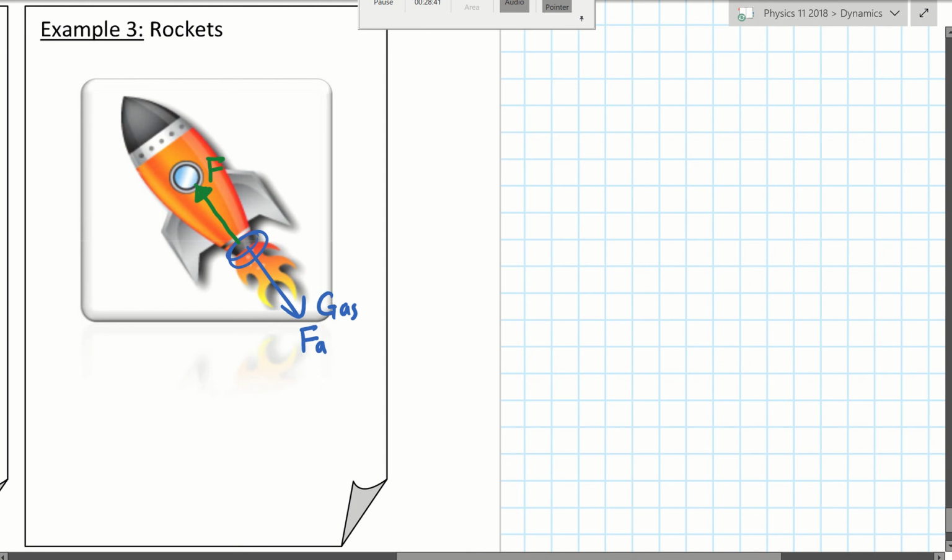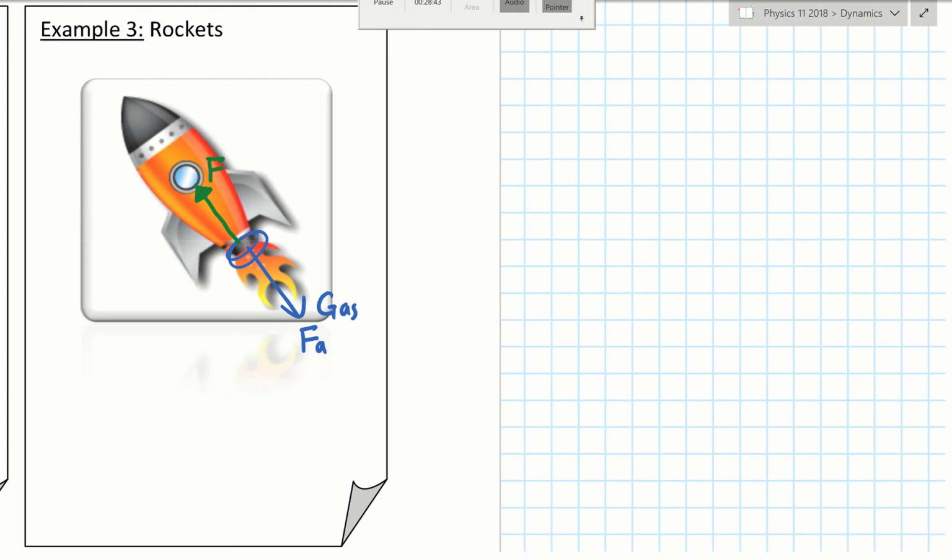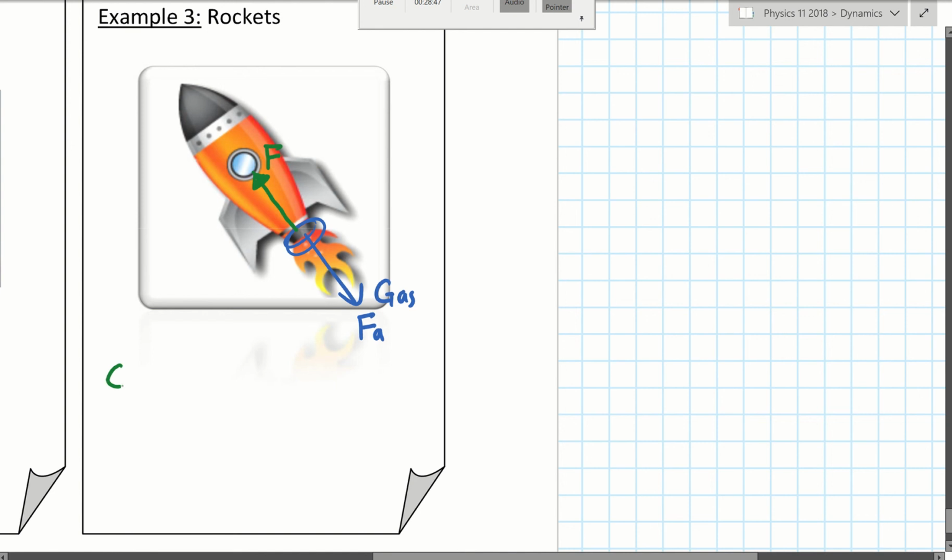So the rocket pushed the gas, the gas pushed the rocket. Therefore, the rocket flies forward. So the rocket pushes gas, which is the fuel after it turns into a gas. Then the gas pushes back the rocket.